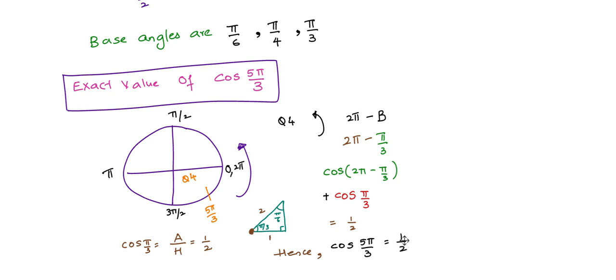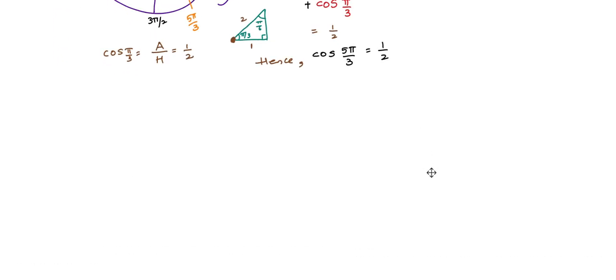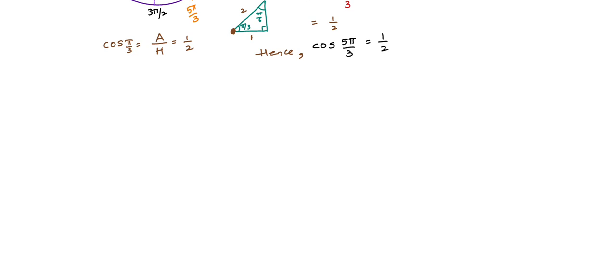So let's look at another example using symmetry. Question number 2: determine the exact value of sine 7 pi on 6.